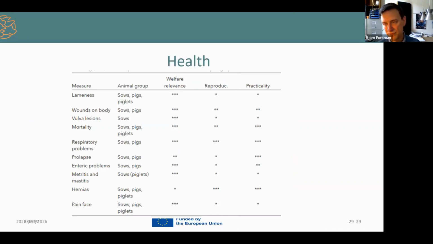And there are a number of other diseases, of course, such as mastitis, metritis, hernias, etc. And also attempts at measuring pain directly on pigs. So something which has become increasingly popular is something called a pain face. So in many species, rats, rabbits, mice, horses, cattle, cats, monkeys, researchers have identified something called a pain face.